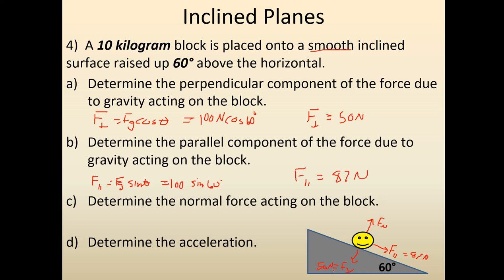Directly opposite it is the perpendicular, so this will end up being 50 newtons. And for the acceleration, it will be the same thing. I use F net equals ma. 87 equals 10a. My acceleration is going to be 8.7 meters per second squared.